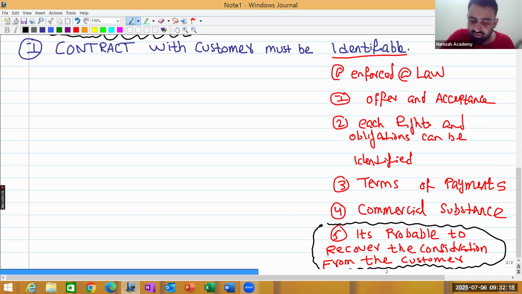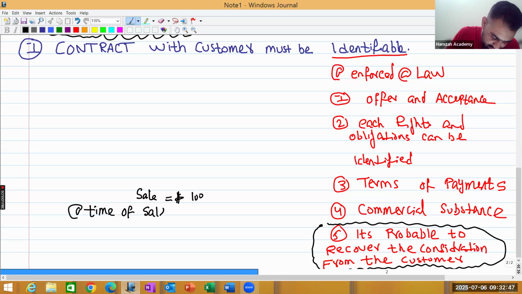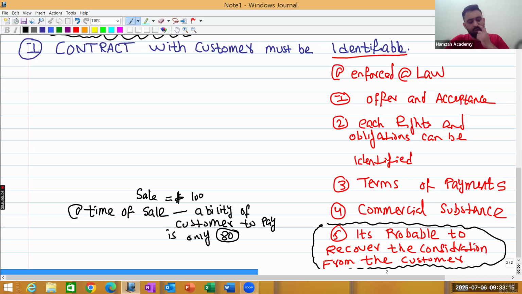Now, for example, all the things are fulfilled, but you sold something to a customer, for example, for $100, but at the time of sale, you know that the ability of the customer to pay is only $80.